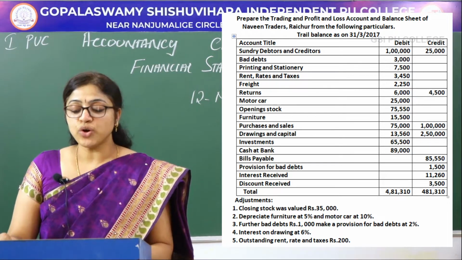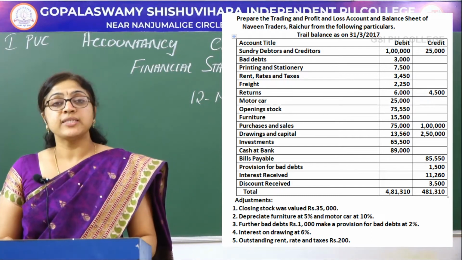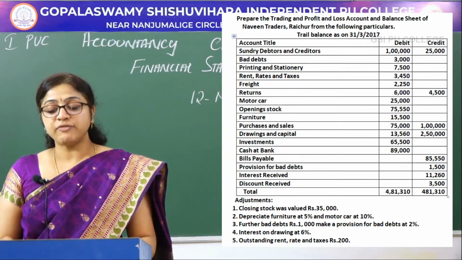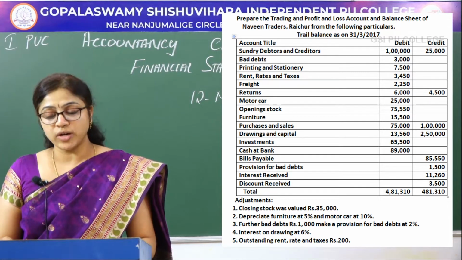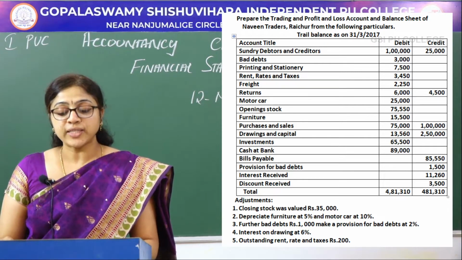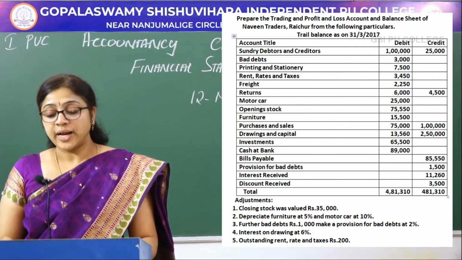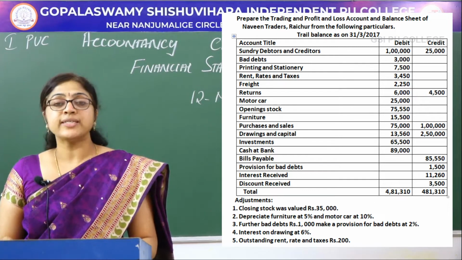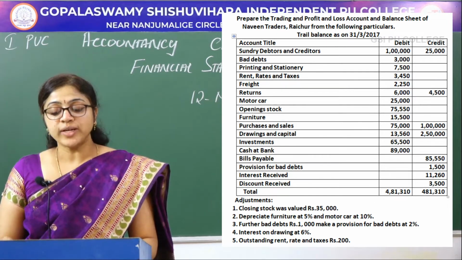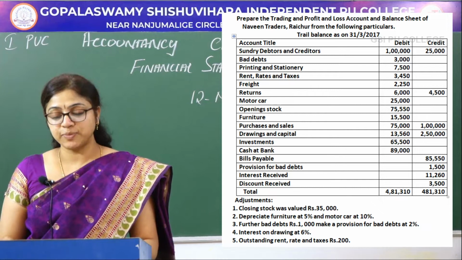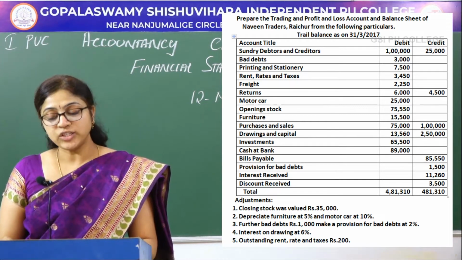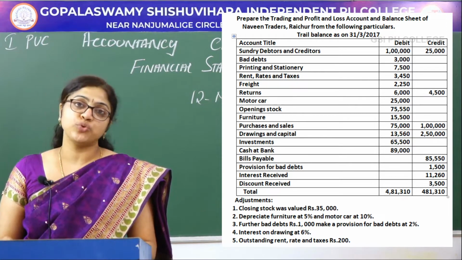Adjustments: closing stock was valued rupees 35,000, depreciate furniture at 5% and motor car at 10%, further bad debts rupees 1,000 and make a provision for bad debts at 2%. Fourth one, interest on drawings at 6%, outstanding rent, rates and taxes rupees 200.